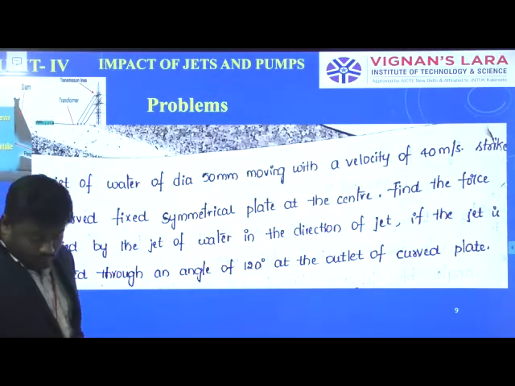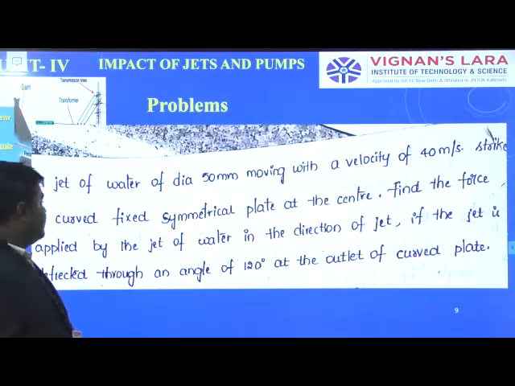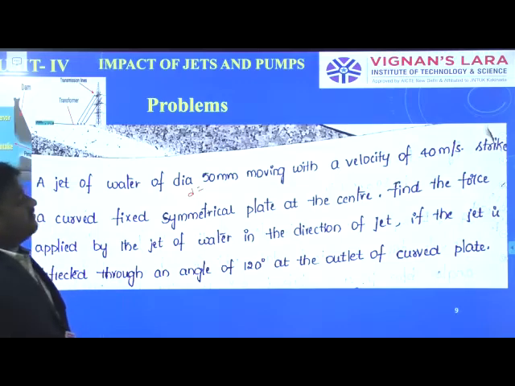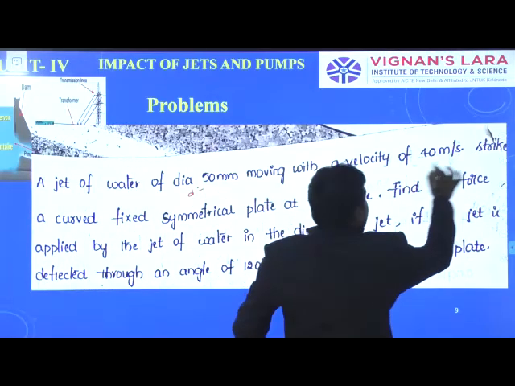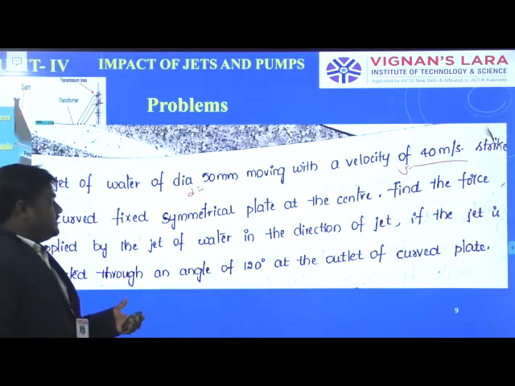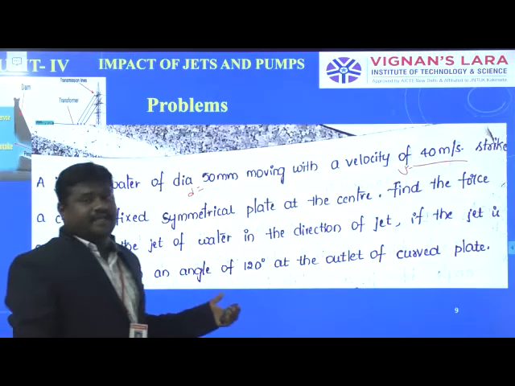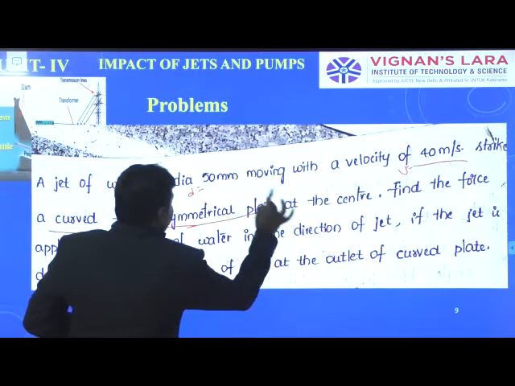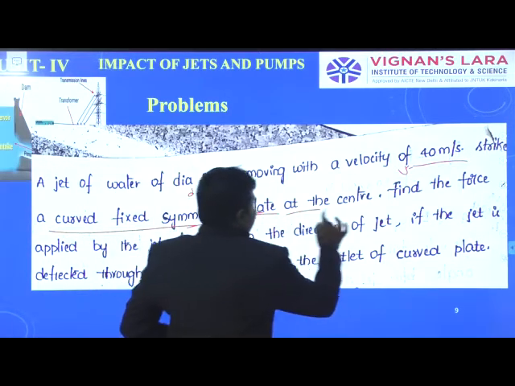And there is one more problem. A jet of water of diameter, already given, and moving with the velocity, already given, strikes a curved fixed symmetrical plate at the center.